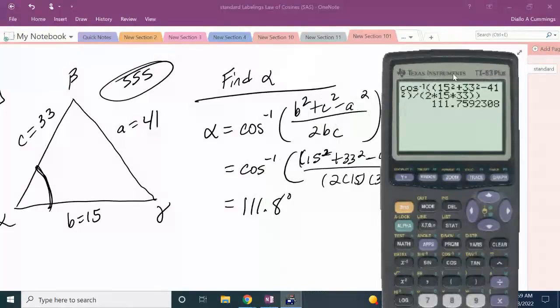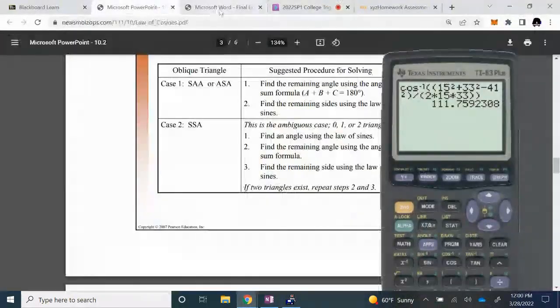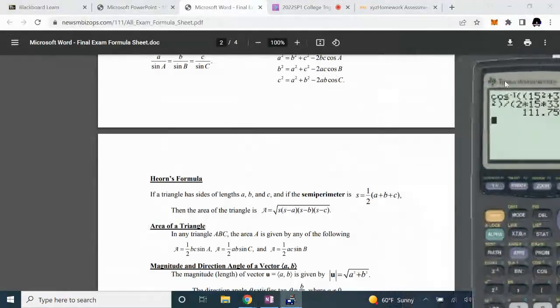All right. So now, before we get into the side angle case, I want to talk about Heron's formula. Heron's formula is used if you're given 3 side lengths and you're asked to find the area.